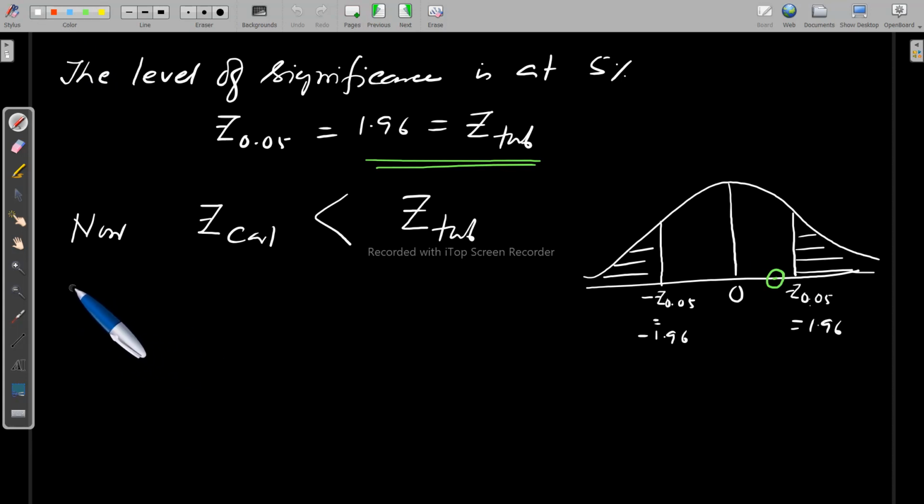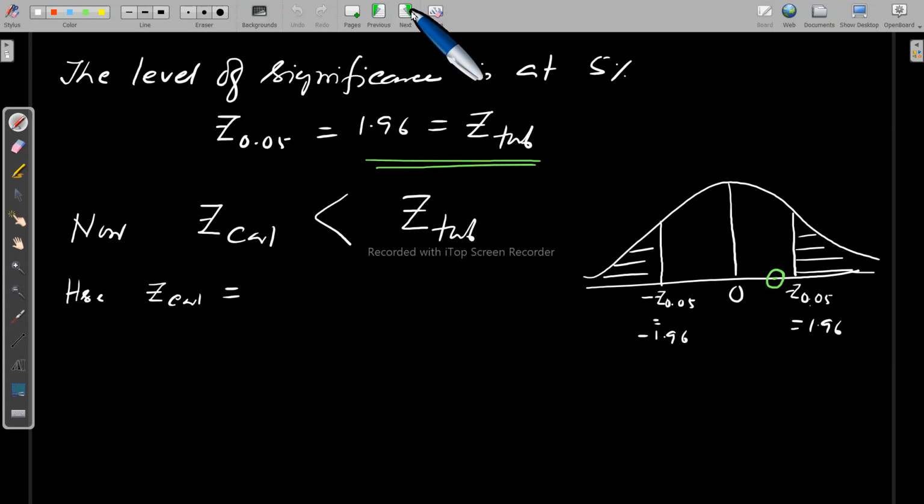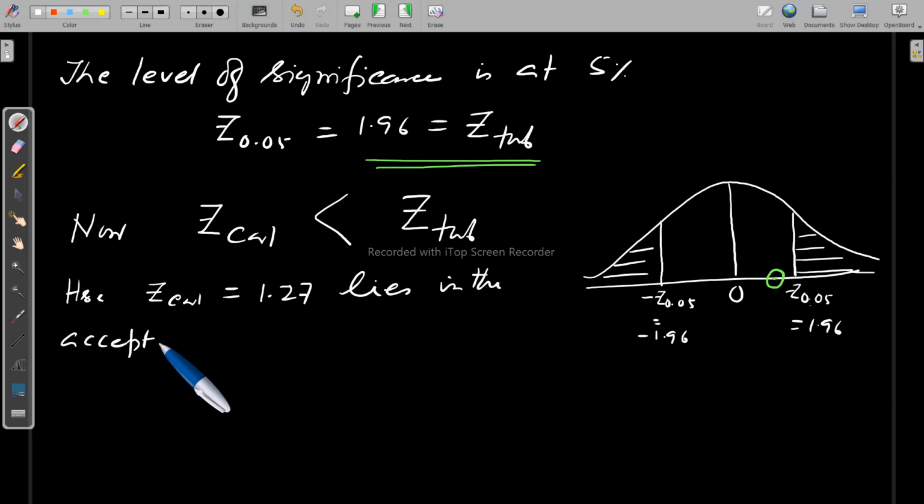Okay, clear? So please write down here. Z-cal is equals to how much? You have 1.27. 1.27 lies in the accepted region. Accepted region.